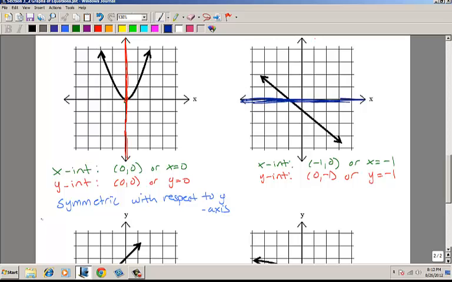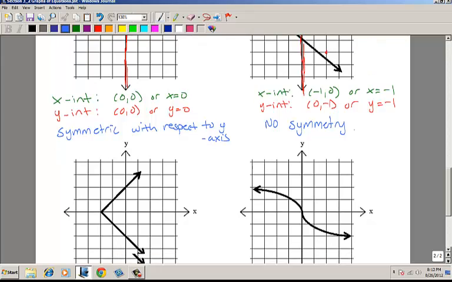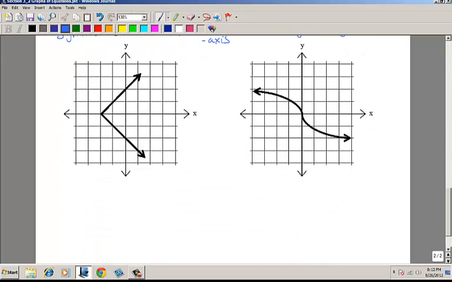Well, that's not going to work either. Symmetry with respect to the origin means that this point here would exist on the other side and then exist down. Well, it doesn't. So this particular graph doesn't satisfy any of the symmetry that we talked about before, so this graph has no symmetry. Great. Let's go on to the next one.